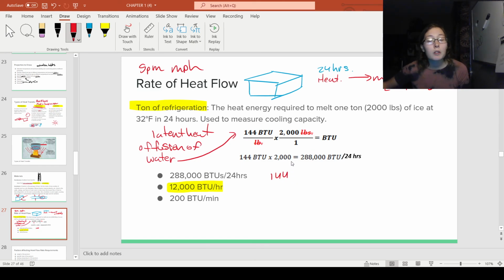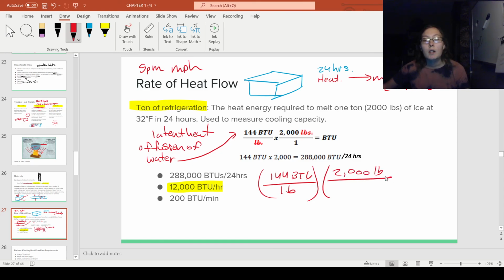So if we have 144 BTUs per pound, and we are trying to melt 2,000 pounds of ice, then that's going to be 144 times 2,000. That's going to be 288,000 BTUs, and since 1 ton of refrigeration is defined as how much it takes in 24 hours, per 24 hours.